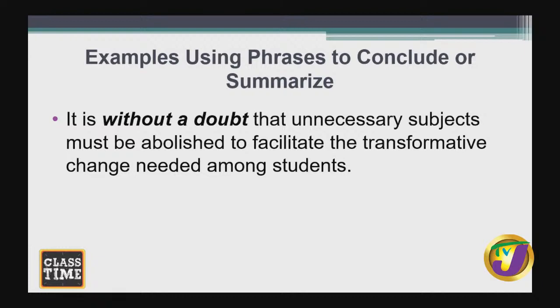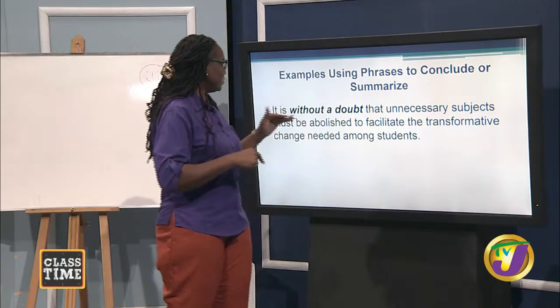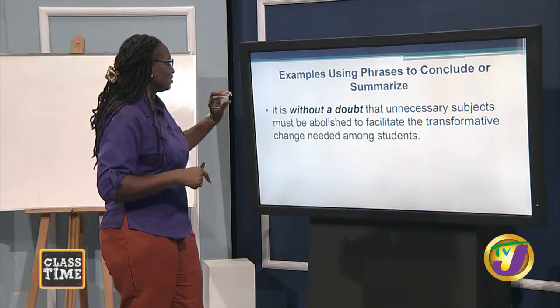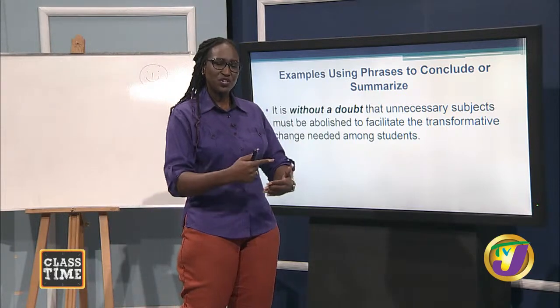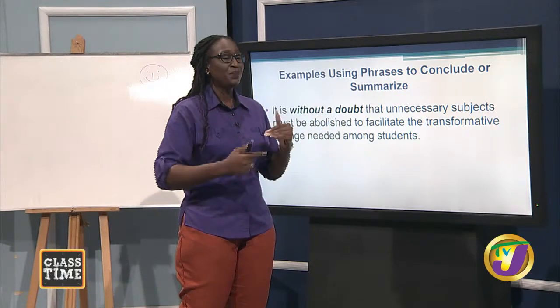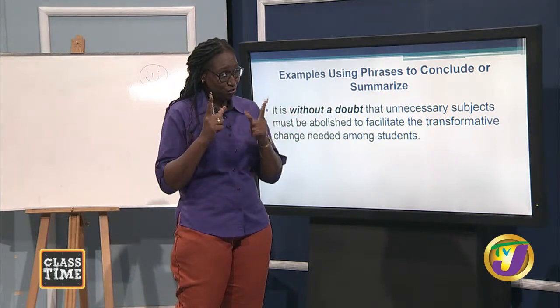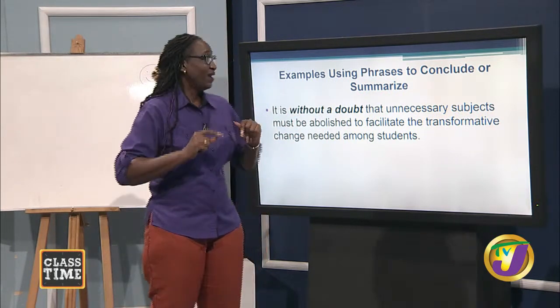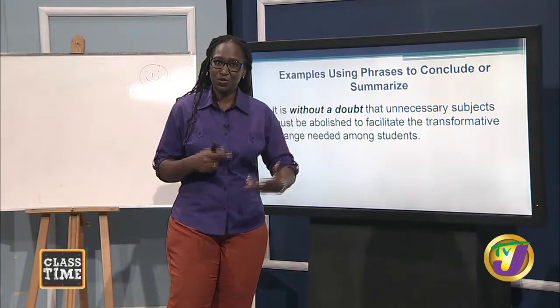Because you're again saying the same thing here, that there is no question that this is what you need to do. Notice it says, it is without a doubt that unnecessary subjects must be abolished. So there is no question, as you are putting it, that you need to get rid of the unnecessary subjects you consider unnecessary, by the way, in order to facilitate the transformative change needed among students.